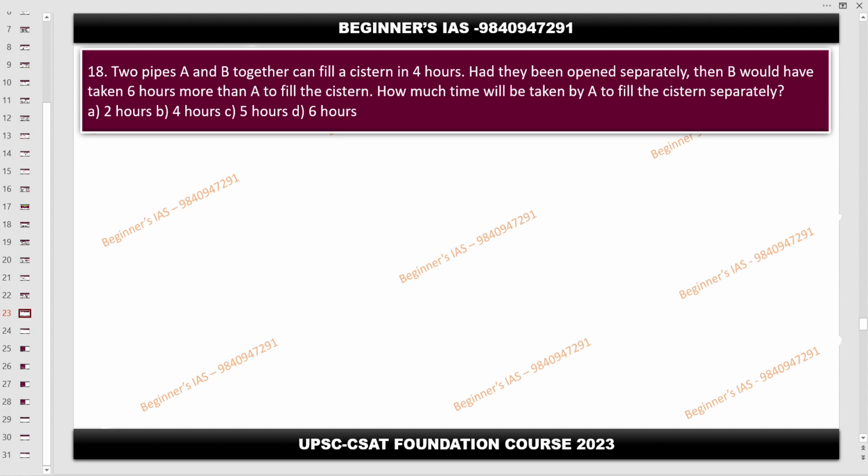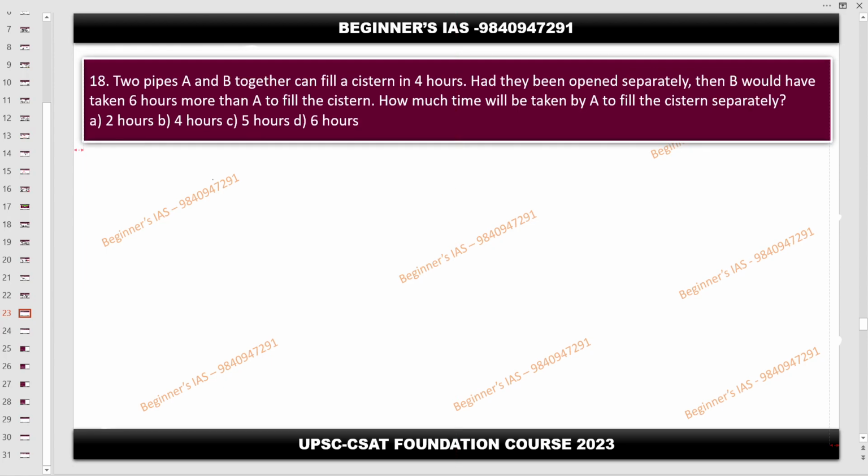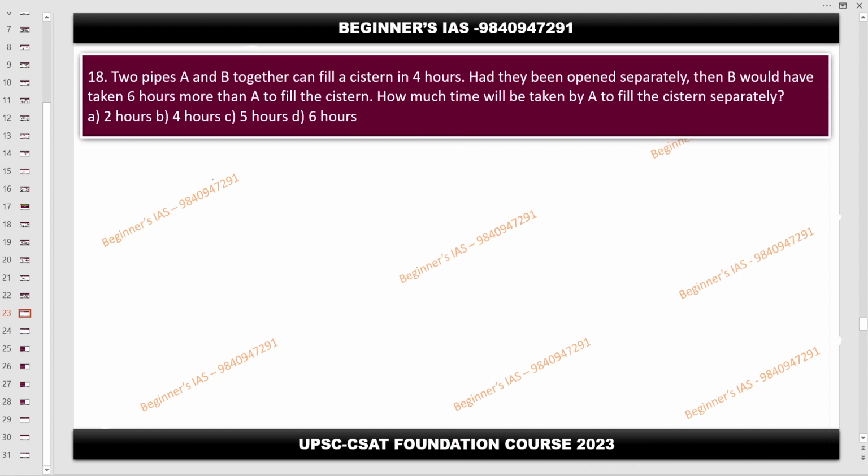So here, two pipes A and B together can fill a cistern in 4 hours. Had they been opened separately, B would have taken 6 hours more than A to fill the cistern. How much time will A take to fill the cistern separately?